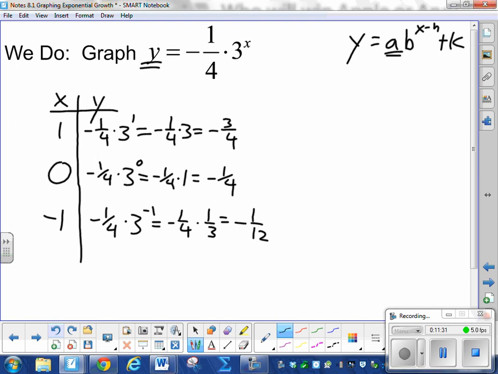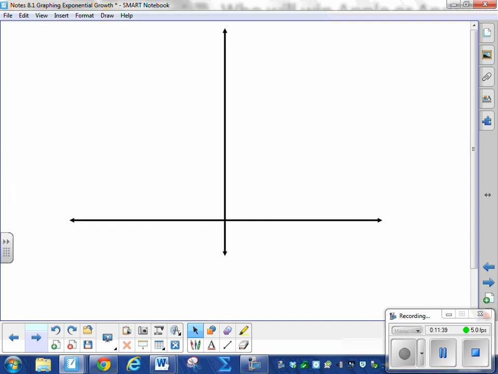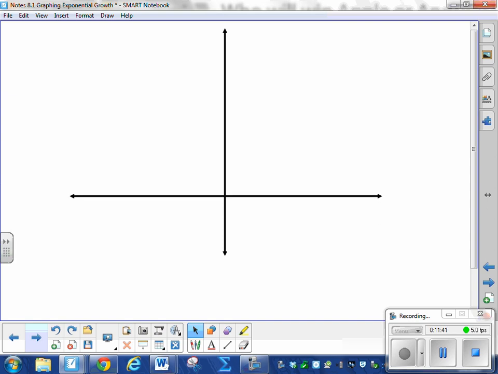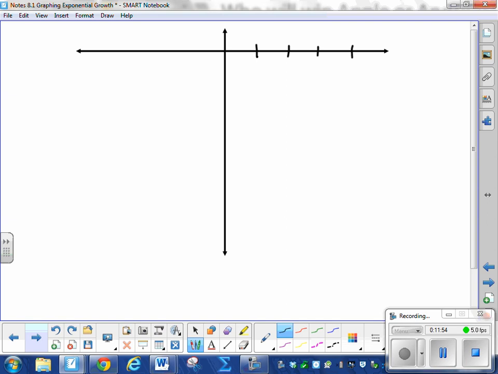Let's see here. So now my graph is no longer, now before I made the y-axis kind of bigger because I knew that all my y values were positive. Now my y values are negative, so I might want to make the negative part of my y-axis bigger there. All right, so we got 1, 2, 3, 4. 1, 2, 3, 4.